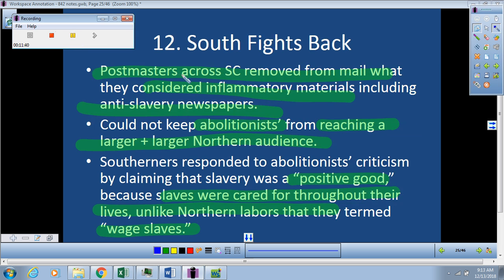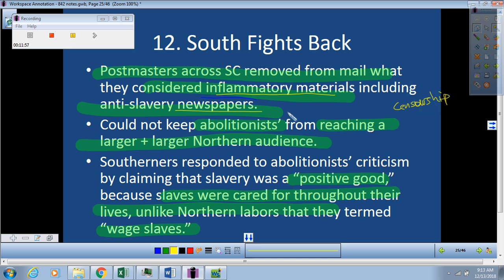The postmasters across South Carolina removed from the mail what they considered inflammatory materials, including anti-slavery newspapers, a form of censorship, as it's called, in the South. I might have spelled that wrong.